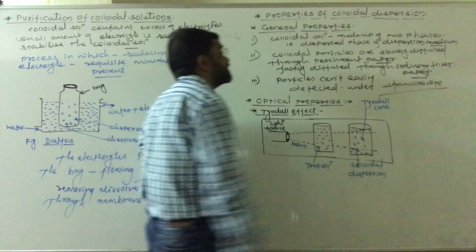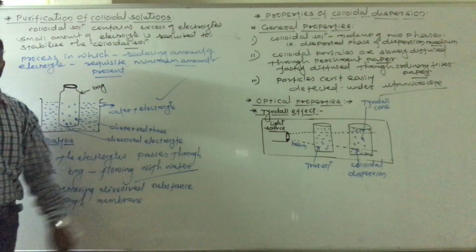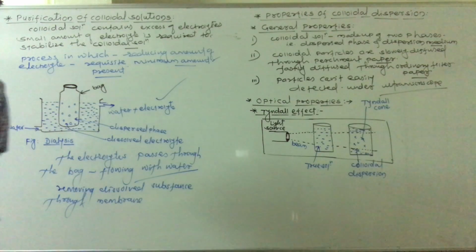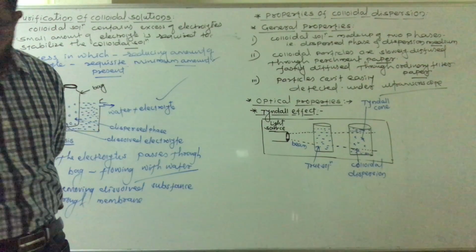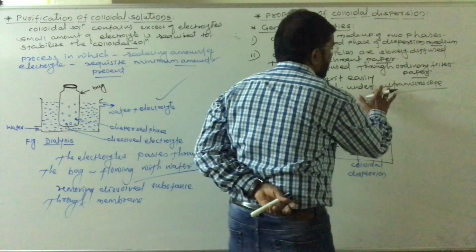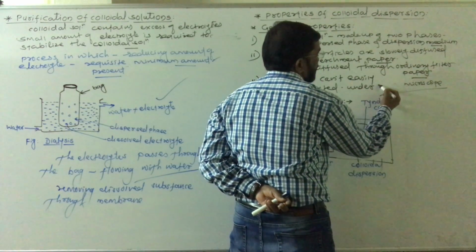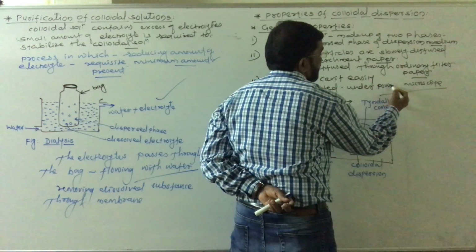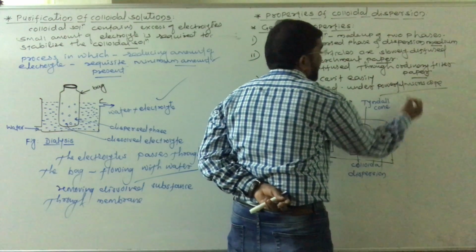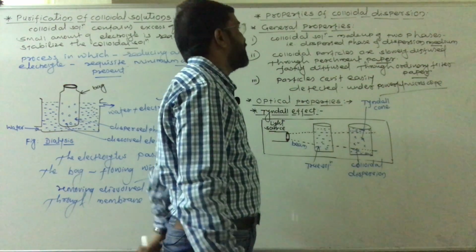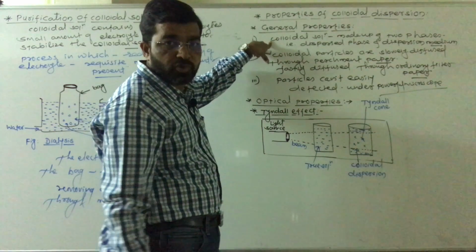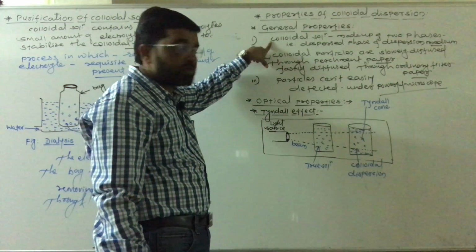So these are the general properties of the colloidal solution. Powerful microscope, ultra microscope में से वो detect होते हैं. That is, they cannot be detected easily under the powerful microscope. So these are the general properties of colloidal solution.